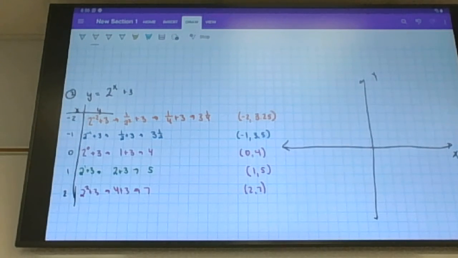Alright, so as I walk around, I'm looking for this graph for credit.